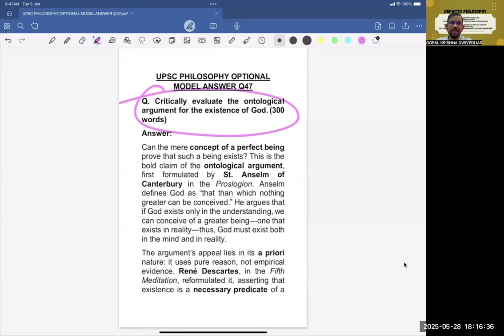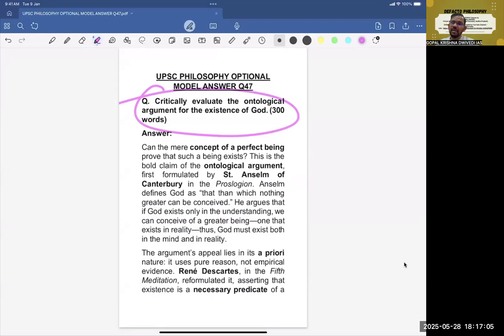But here, since it's directly telling you to critically evaluate the ontological argument for existence of God, about 60% of the word limit you have to spend for explaining the ontological argument, and then about 40% of the word limit you have to spend for criticism and further evaluation of the whole thing, including conclusion.